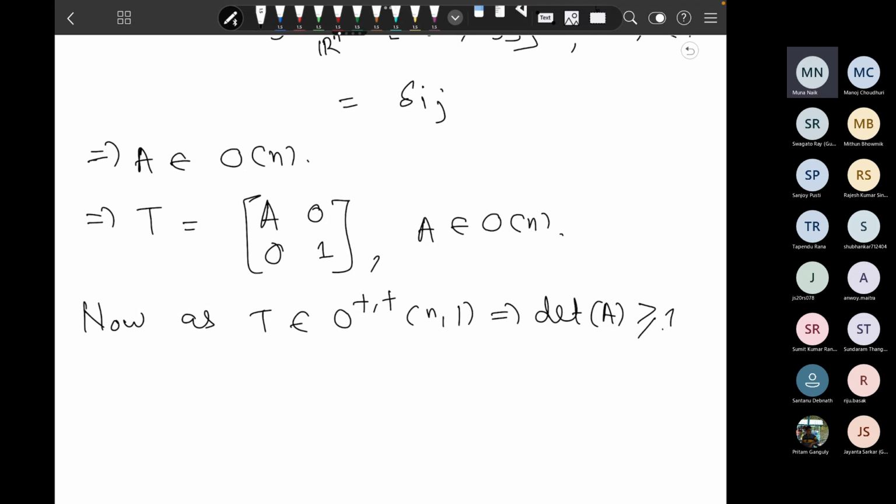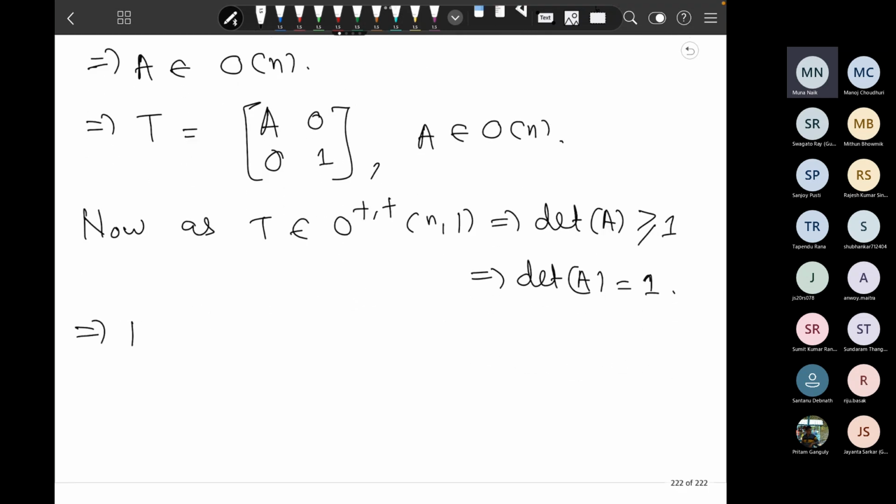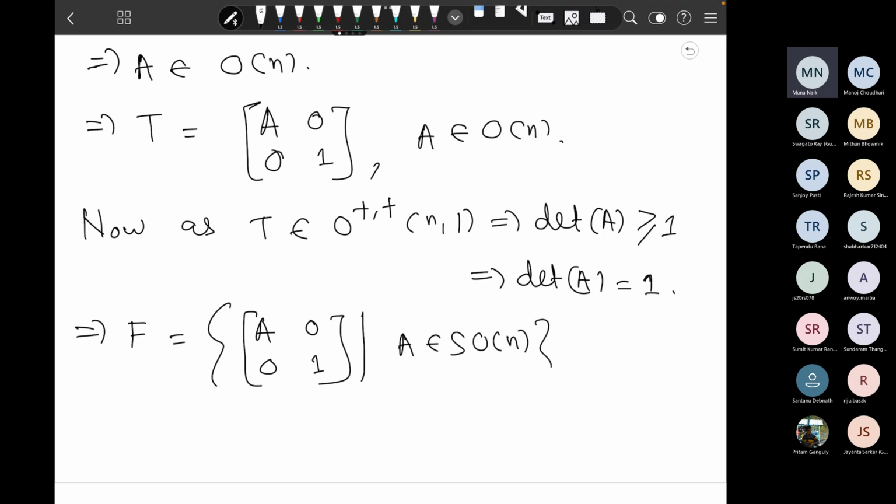So T is of this form A 0 0 1, so that A belongs to SO_n. And this is really homeomorphic to SO_n. We will not really distinguish between this group on the left-hand side and SO_n. By SO_n, I will mean this thing.